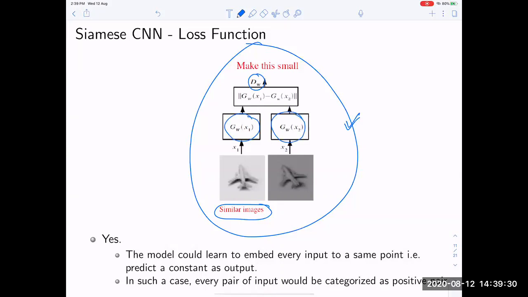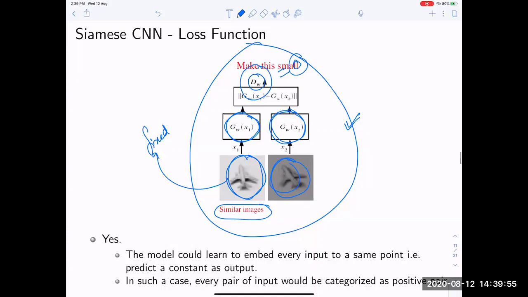So instead of learning something from the image, why can't I play a cooperative game and learn a fixed representation? Whatever image you show me, I give you a fixed representation and D_W will be equal to 0.